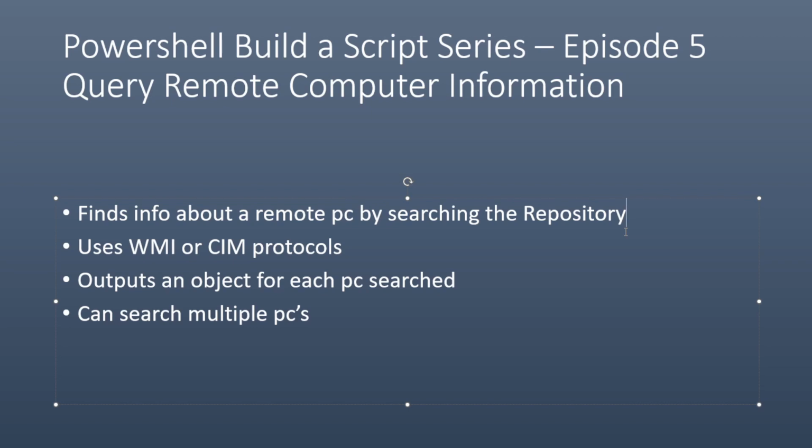But the difference between it and the registry is the repository is arranged very similar to .NET in that you could have namespaces, classes, and then instances where something is matching a class. So the instances are kind of exposed to PowerShell as objects, similar to other objects that are produced by commandlets and put into PowerShell's pipeline.